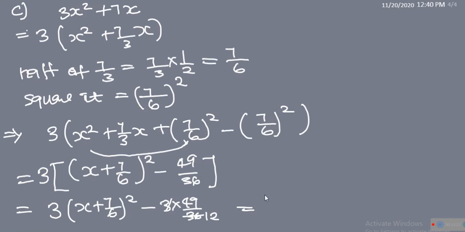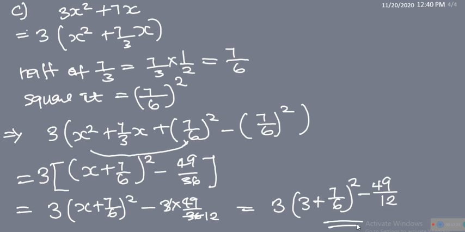So the whole expression, guys, becomes 3 into x plus 7 over 6 squared minus 49 over 12. And this is now a perfect square. And the square of that expression, guys, is complete. So this is one aspect of completing squares.